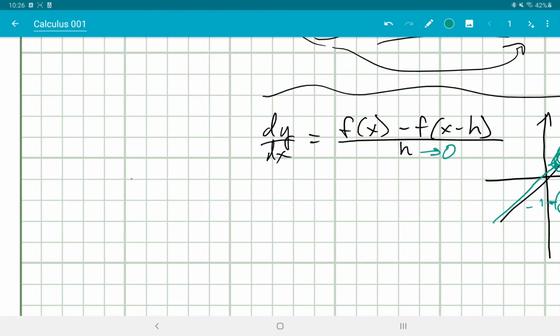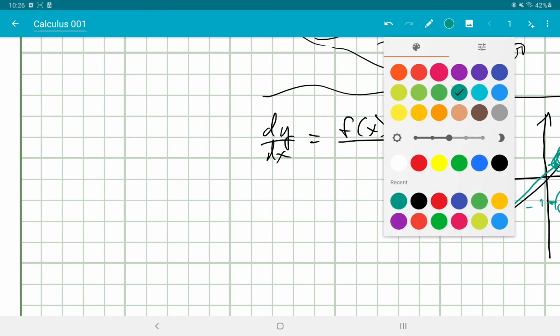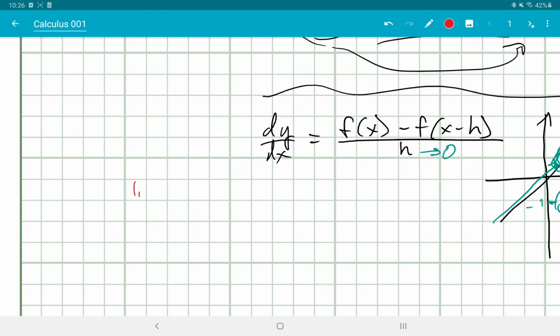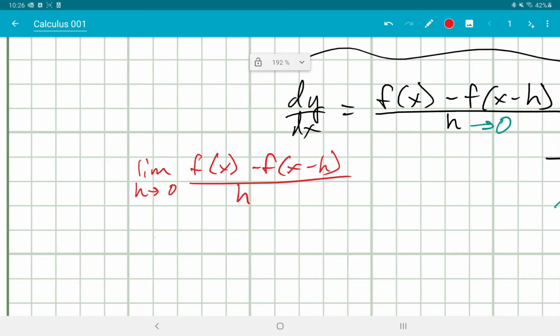So we say the limit as h approaches 0 of f of x minus f of x minus h over h. So let's take our x squared example. We can plug in x squared. So we come down here. Let's pick blue. That's a nice color.